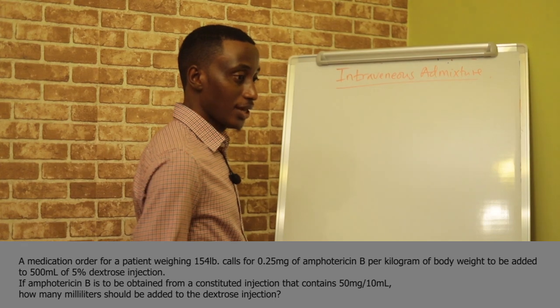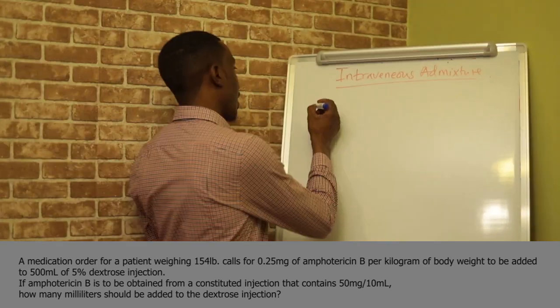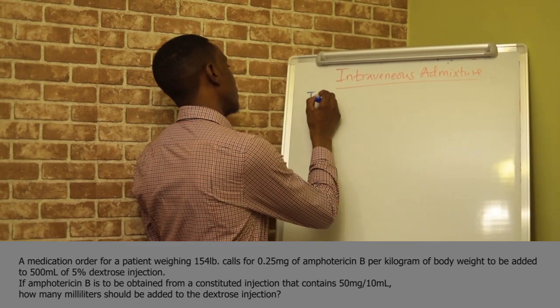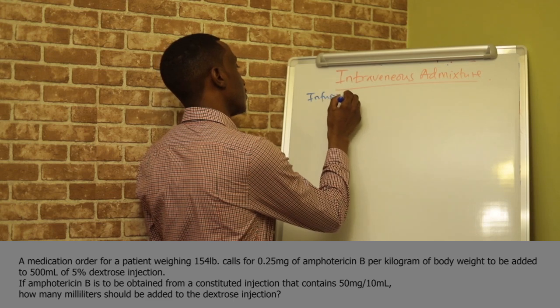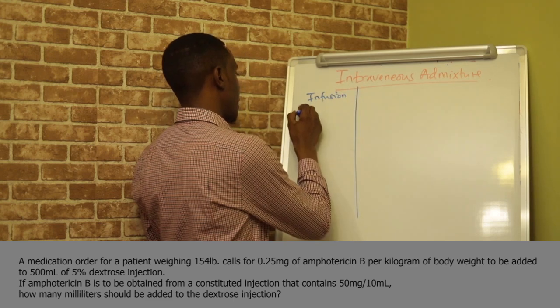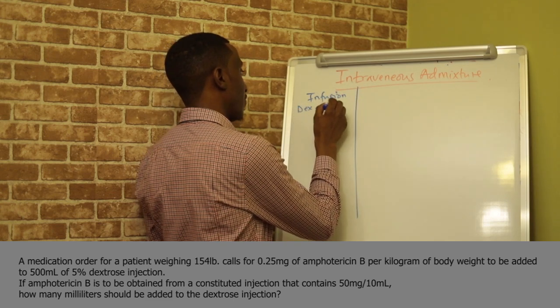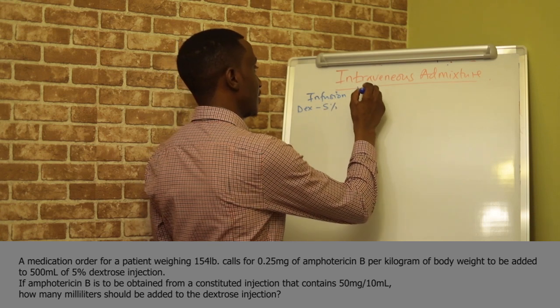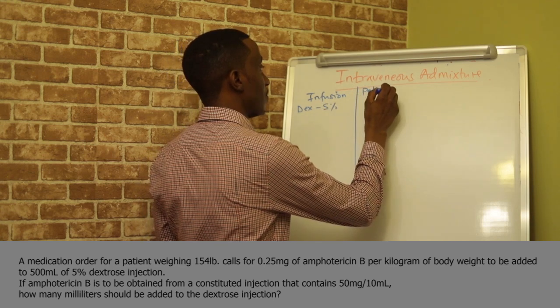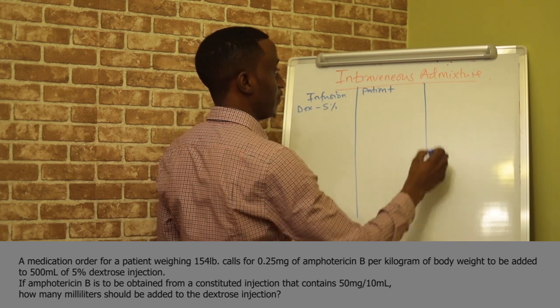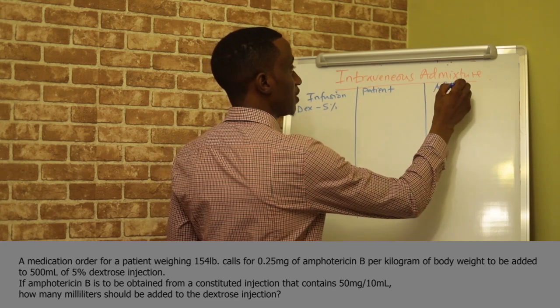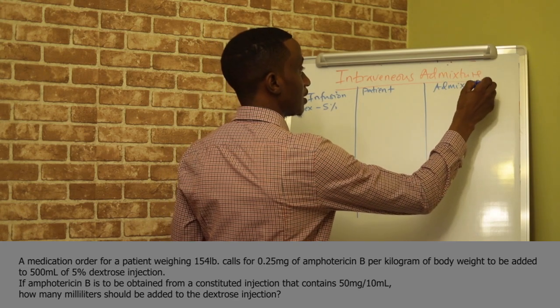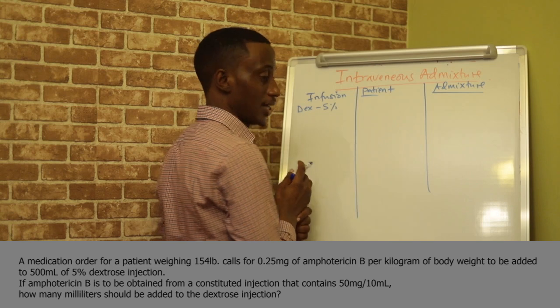So, our infusion is dextrose 5%. Then we shall have information about the patient and information about the substance to be added into the infusion, that is an admixture.